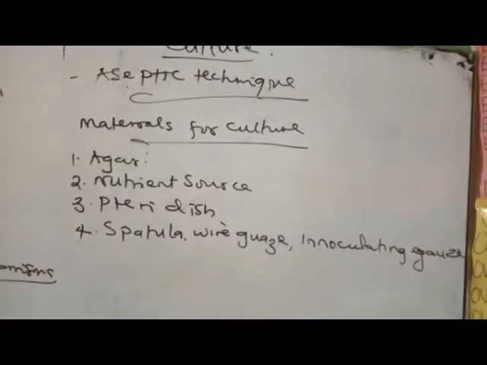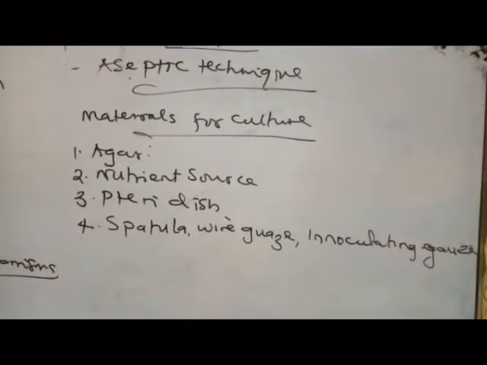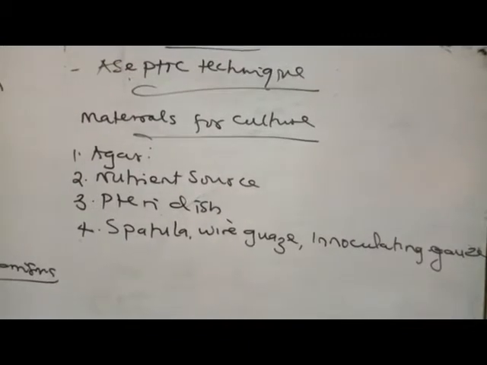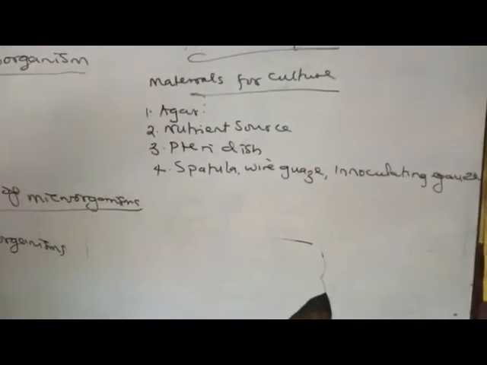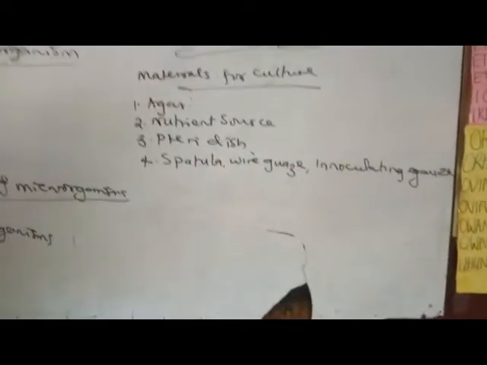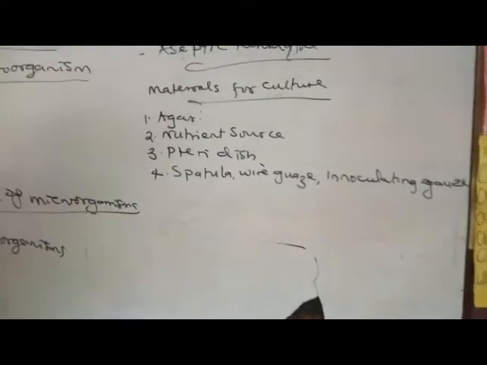That is the third thing you need to establish a culture media. You can call it an inoculating gauze or an inoculating loop.